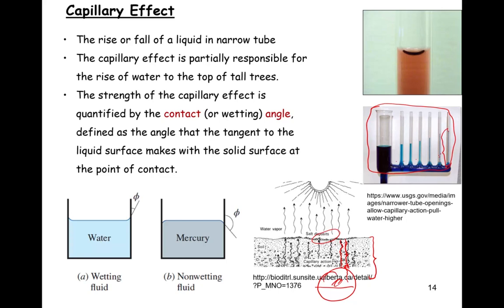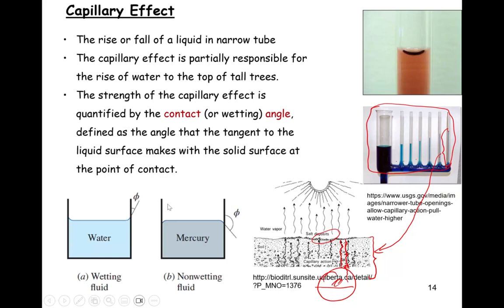So what that means is, the smaller the particles of the soil are, the higher the water from the groundwater moves toward the surface. This is basically called the capillary effect, which is due to surface tension.